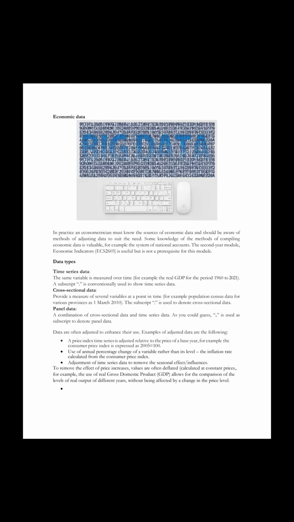And then panel data, which is the more complicated of those, is a combination of those two, right? The example I gave in the last session was looking at the GDP of certain countries between 2010 and 2015.